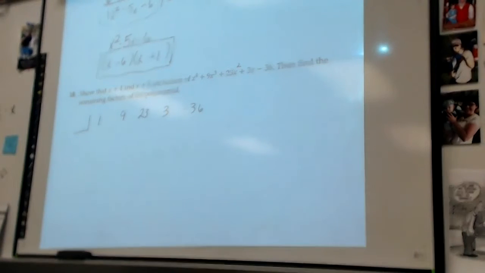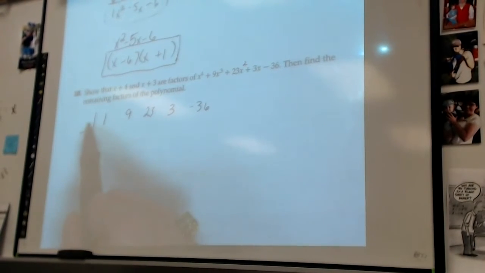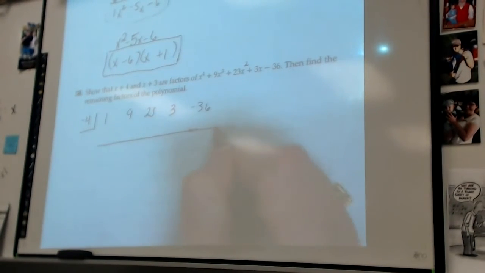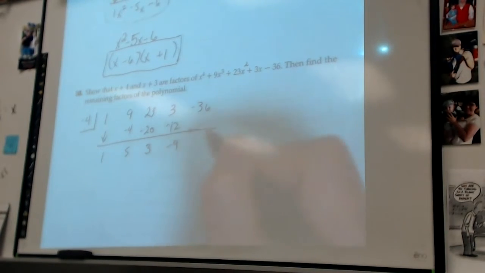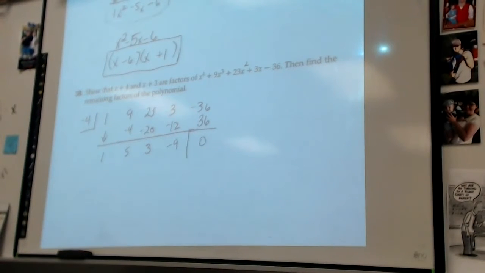What's going to go right here? Negative 4. And I should get a remainder of 0. And I did.